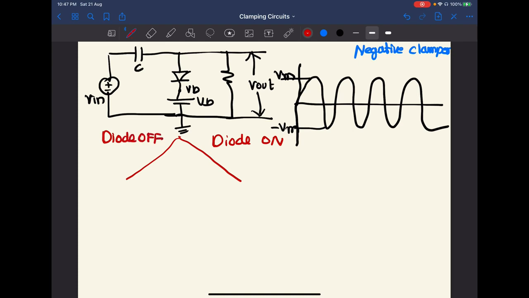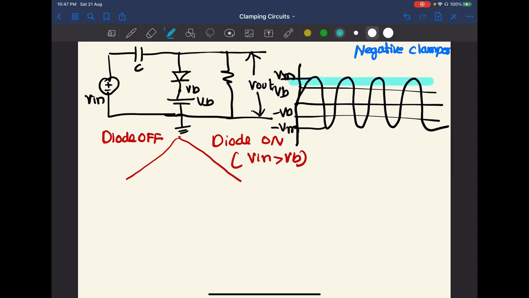We can easily say that the diode is on for V input greater than VB. The diode will be on for that particular instance. Here in this graph, this is VB and minus VB. For that particular time, the diode will be on.